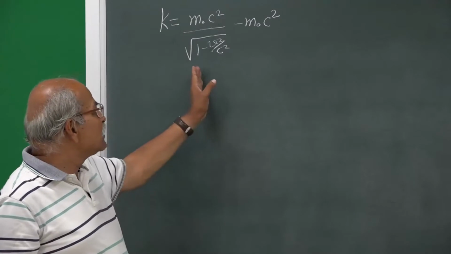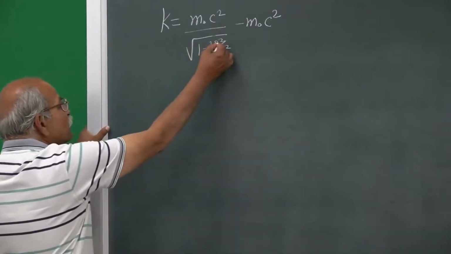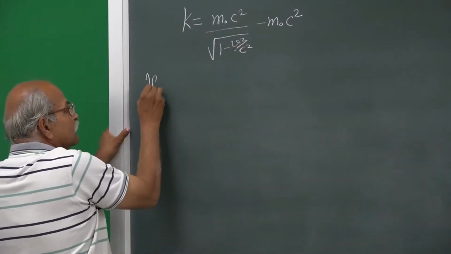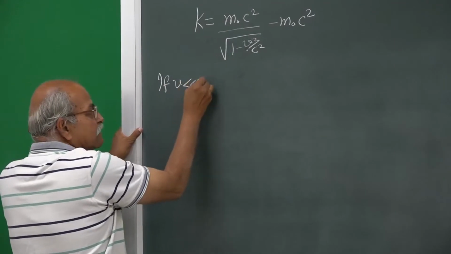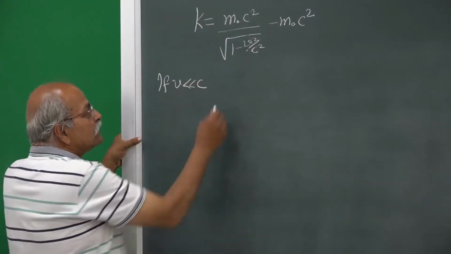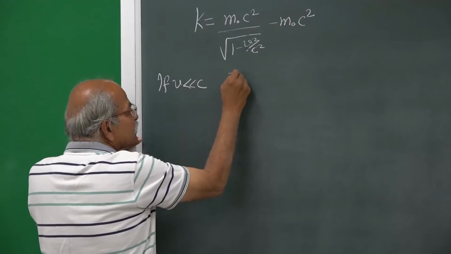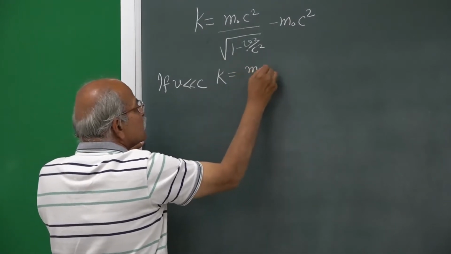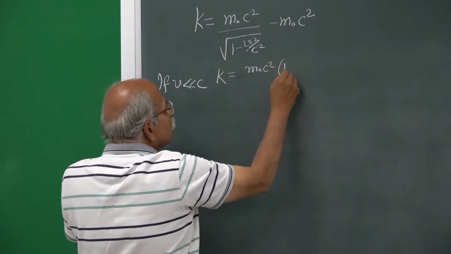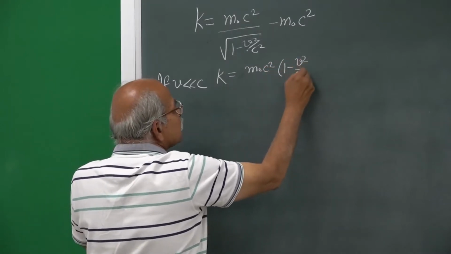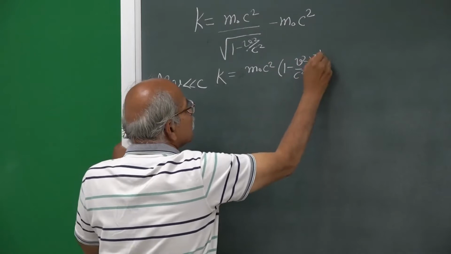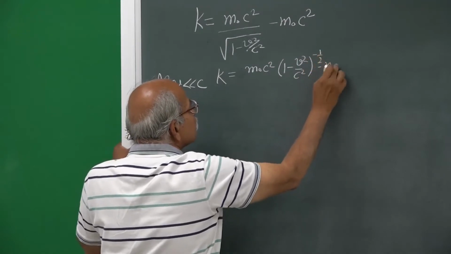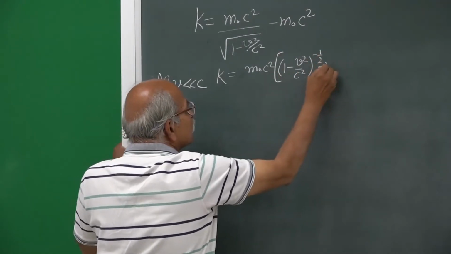So, let us see what happens if v is very small as compared to c. If v is very small as compared to c, then you can write this kinetic energy as m naught c square, and this is 1 minus v square by c square to the power minus half, and then minus, or I can take this common, minus 1.